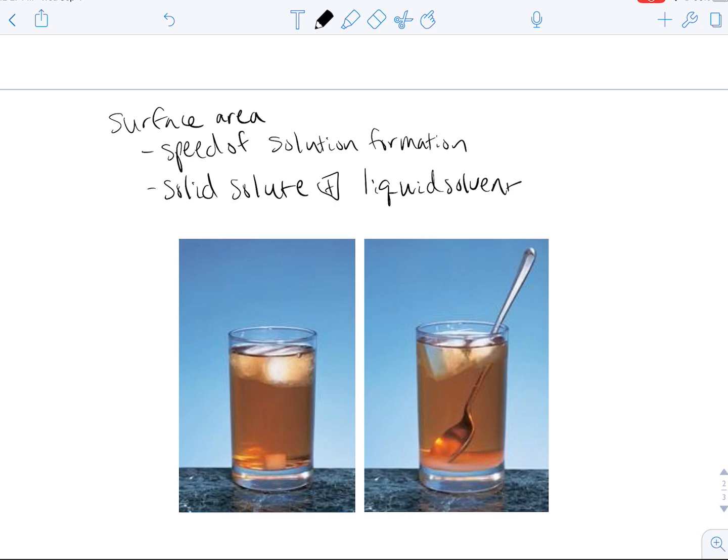This is when we actually have surface area being an issue. So if we have our solid with a great amount of surface area, we are going to increase the rate of dissolution.